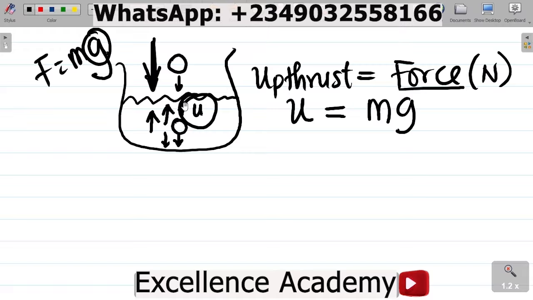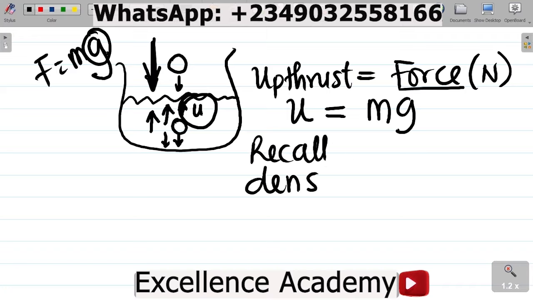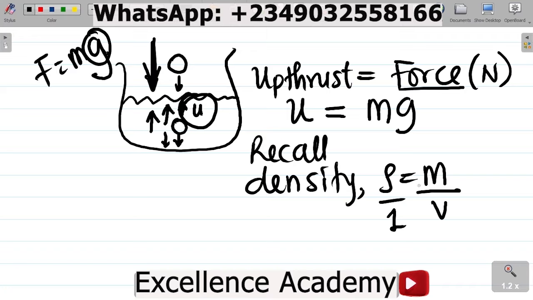Again, because we're dealing with density and liquid here, we want to recall that density, which is rho, is equal to mass over volume. Of course, density is mass per unit volume. From here, if I cross multiply, mass times 1 gives you mass, equal to density times volume.